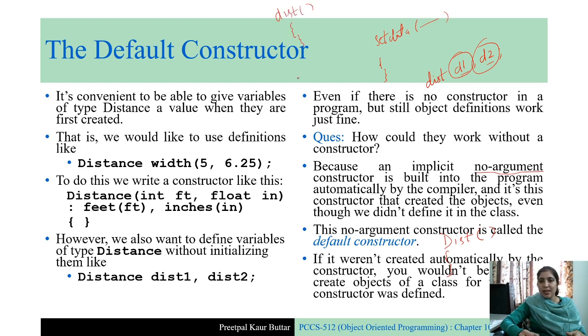Then when you are creating objects d1, d2, the compiler will not create its own constructor, rather it will use the constructor created by you. Only if you do not create any constructor will the compiler create its own no argument constructor, that is, the default constructor.